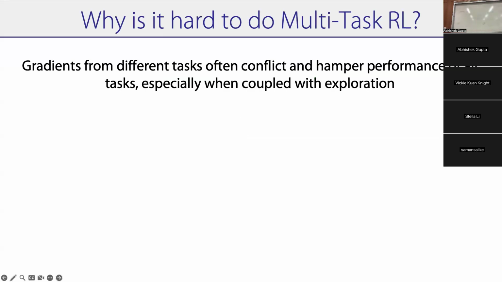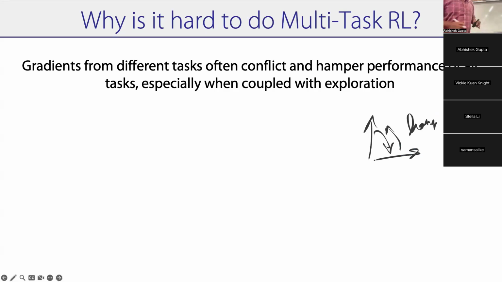Okay, so the issue is that if you try and train policies across a bunch of different problems, different tasks start interfering with each other, right? If you have two different tasks that take you in two different directions, like pickup, which is telling your policy parameters to go this way, and pushing, which is telling your policy parameters to go this way, this thing starts to hamper the performance of this guy, and this thing starts to hamper the performance of this guy, right?